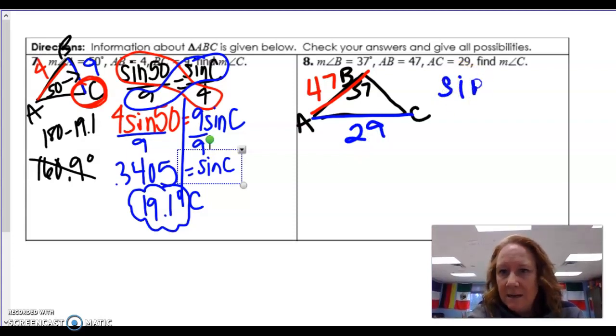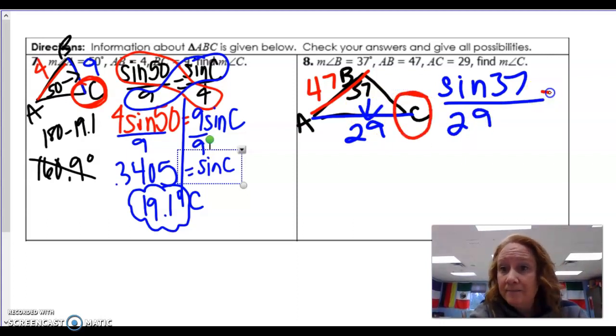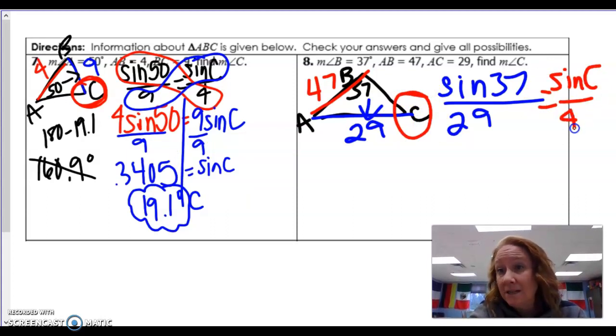So sine of 37 is across from 29. My goal is to find the sine of C. So that equals sine of C all over 47.